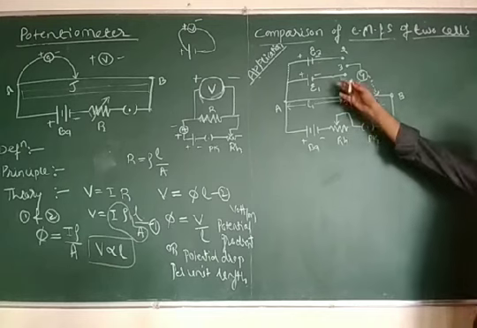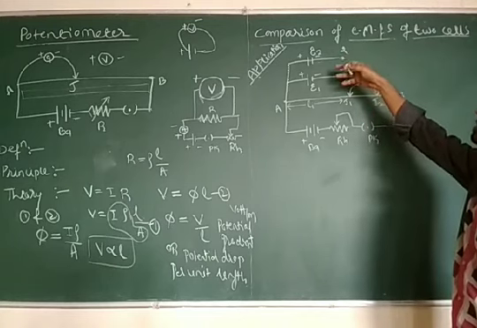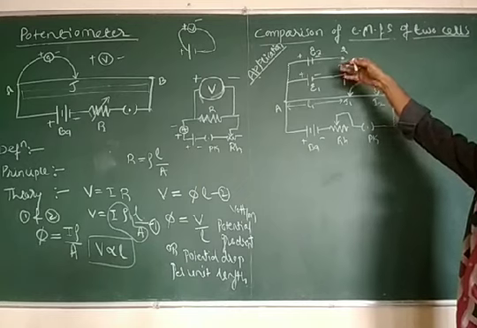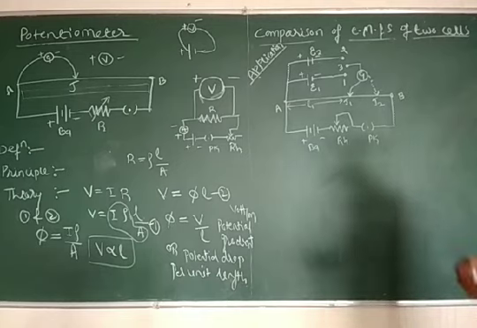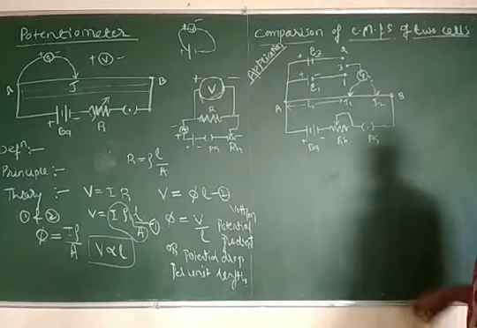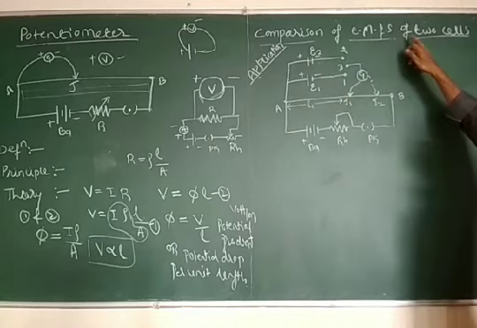And if the EMF of one of the 2 given cells is known to us, then obviously the EMF of the other cell can be found just by using this potentiometer. Here the diagram is the comparison of EMFs of 2 cells.